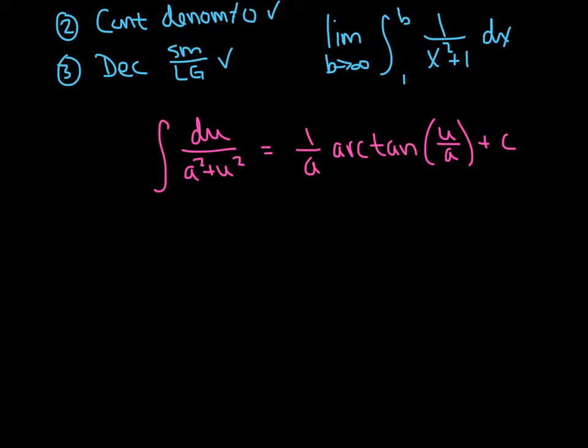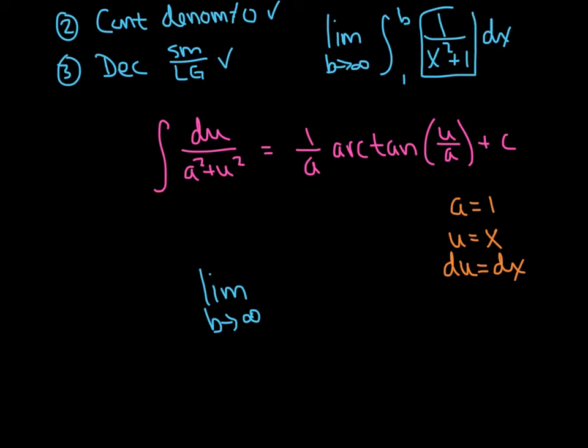I'm going to say my a is 1 and my u is an x, which implies that my du is a dx. So we're good to go. And we'll rewrite this limit. The antiderivative of that term right there is going to be 1 over 1 arctan of x over 1 with bounds from 1 to b.